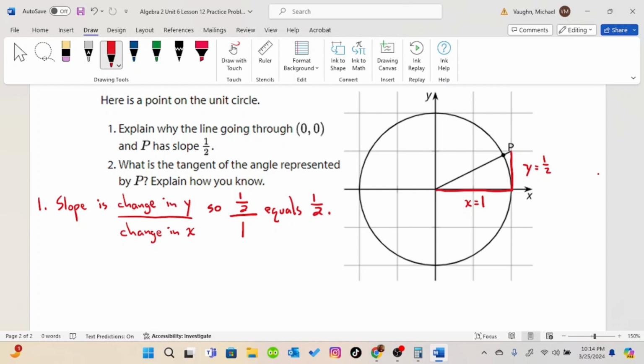Number 2, what is the tangent of the angle represented by P? Explain how you know. Well, tangent is y over x.